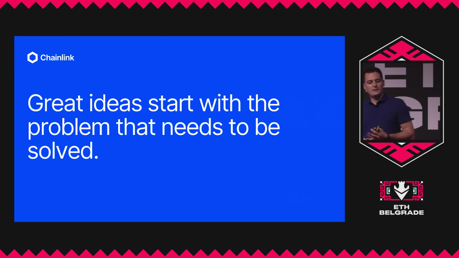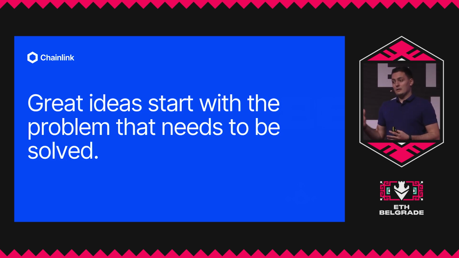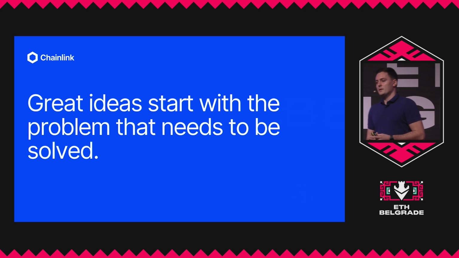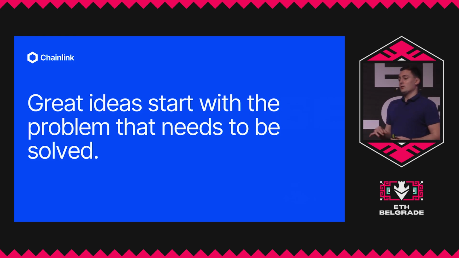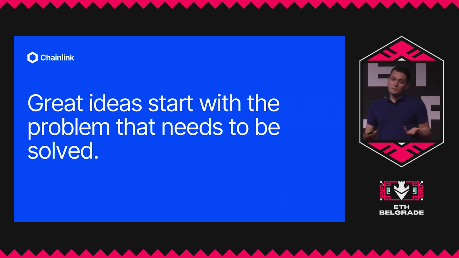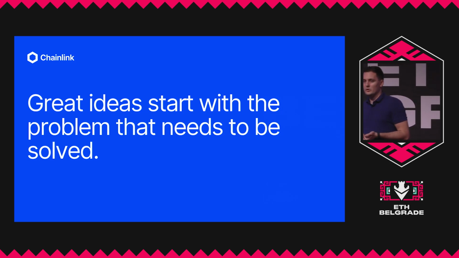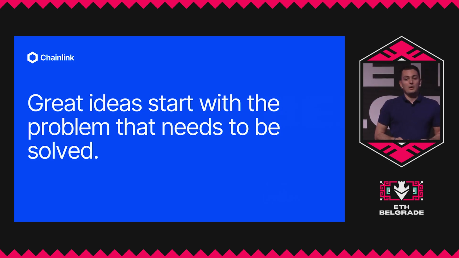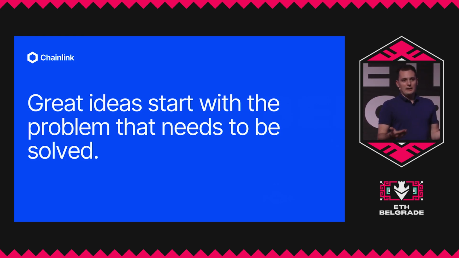All great ideas start with a problem that needs to be solved. In this particular case, the problem was that development with CCIP directly on testnets is slow and occasionally painful. I was the first one to actually experience this problem because before we launched CCIP, I had the privilege to play with it internally while it was still in development.